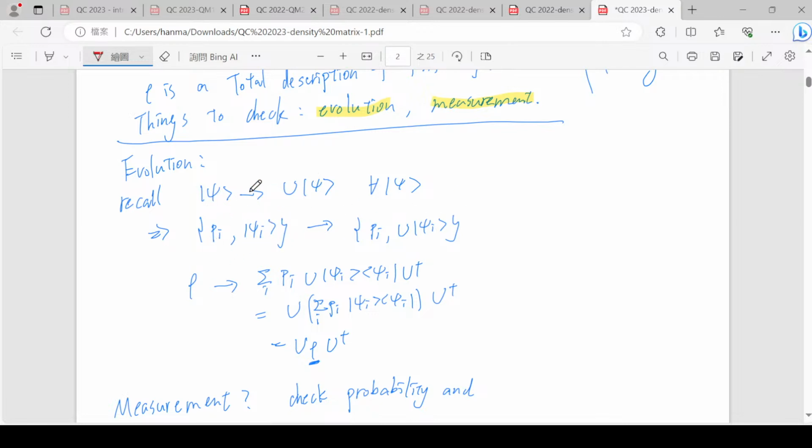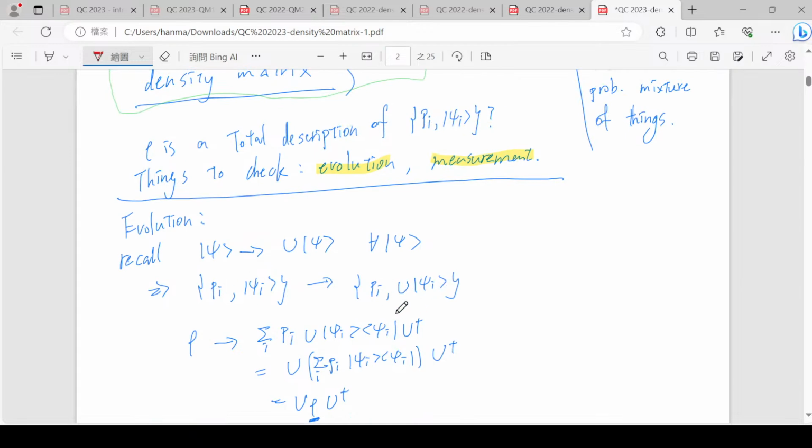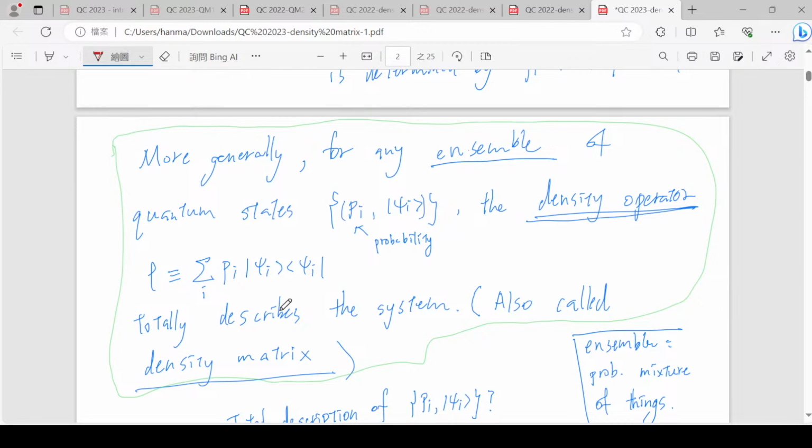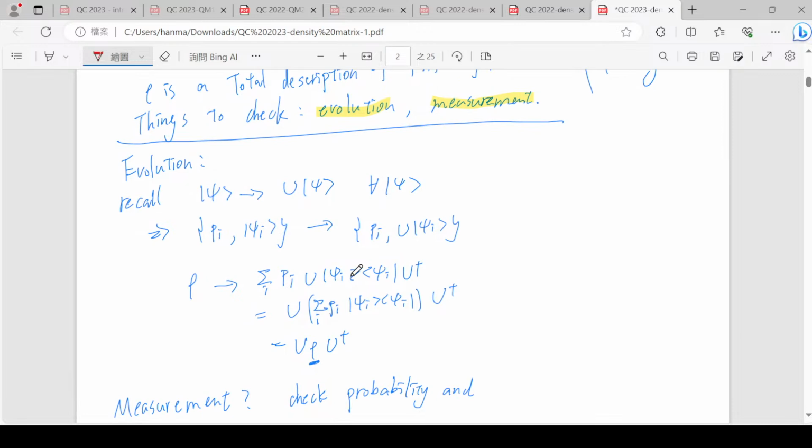Every psi should evolve according to the same u, so every one of them should go to u psi. Okay? And so you can check that. If your ensemble evolves to this, how should the density operator, this mathematical definition we defined here, evolve? Now we have psi ket and psi bra.